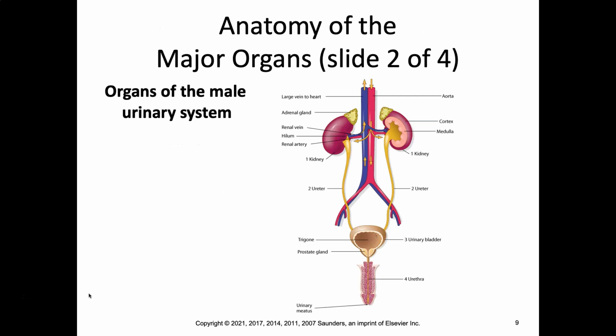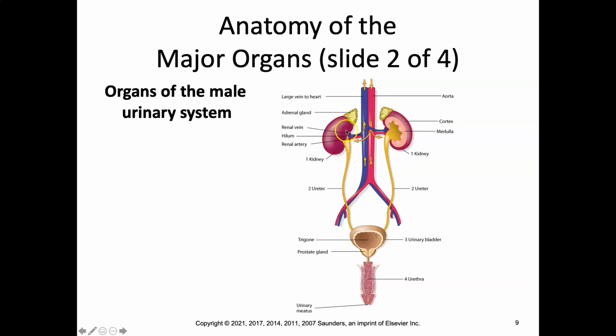All right, so you can see here, your kidneys are these kidney-shaped organs up here. Sitting on top of your kidneys is your adrenal gland, and we'll talk more about your adrenal gland in a couple of chapters ahead, but just know that they kind of perch here on the top of the kidney. Your kidney is made up of two parts. It has an outer cortex and an inner medulla, and we'll define what each of those do. Then you have your ureters, and they come down.